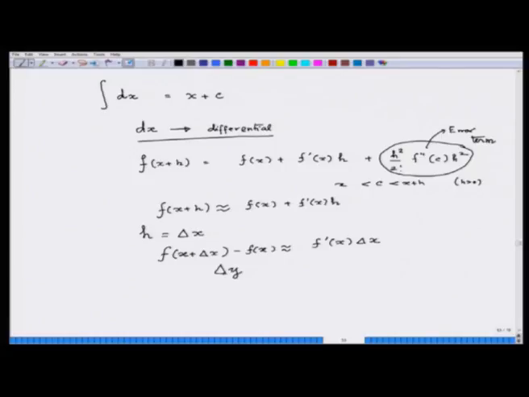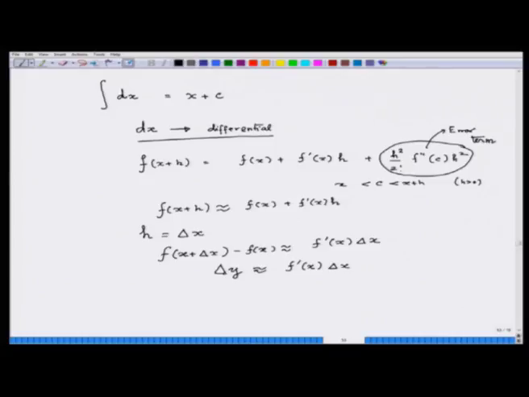This delta symbol is also very important in numerical analysis. Old numerical analysis books in mathematics have this sort of symbolism. Okay, but this symbolism is useful. So it tells you that the change in the dependent variable is nothing but the derivative, this is your d/dx of f, or this is your dy/dx basically, into the change in the independent variable.